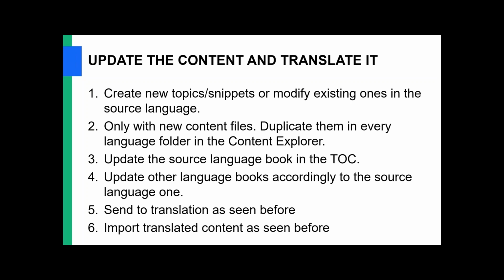Then you need to update the source language book in the TOC, update other language books according to the source language one, and then send to translation as seen before. And again, import translated content as seen before. With the script, it is easy to have all the translated pieces of content in the right position in the multilingual source Flare project.